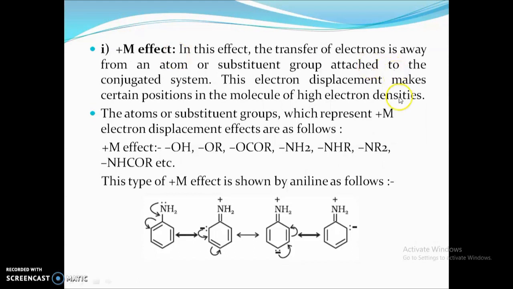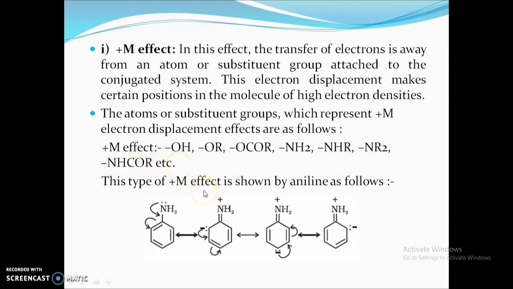When this type of electronic displacement takes place, then a certain position of the molecule becomes negatively charged, or we can say it has high electron density. The atoms or groups which show plus M effect are OH, OR group, OCOR, NH2, NHR, NR2, NHCOR, etc.